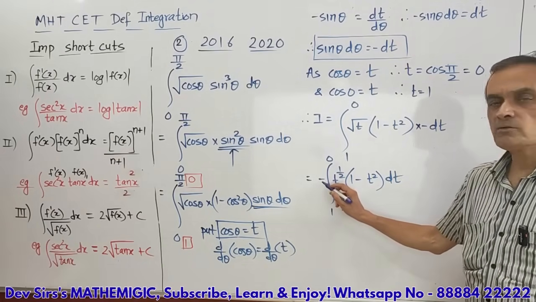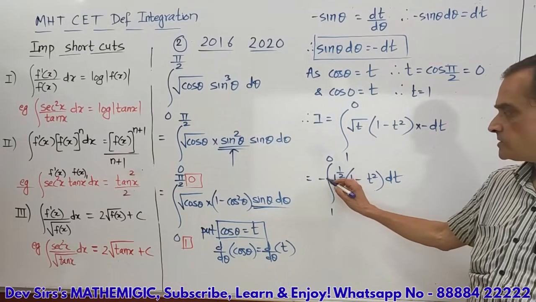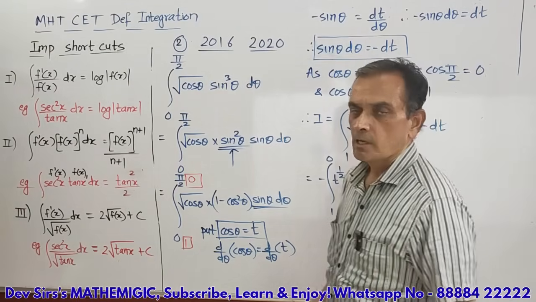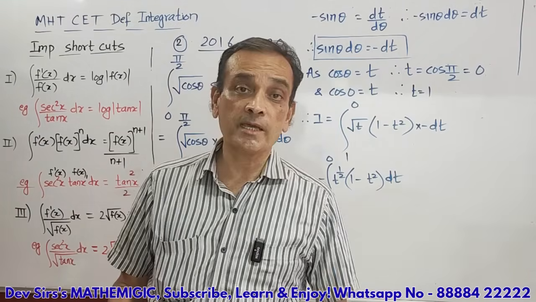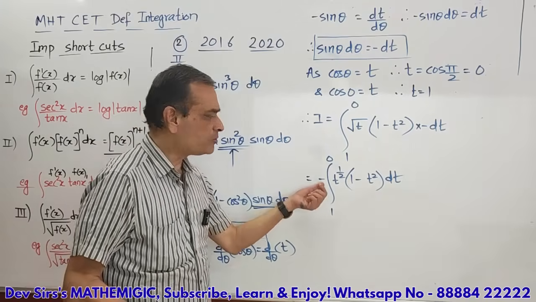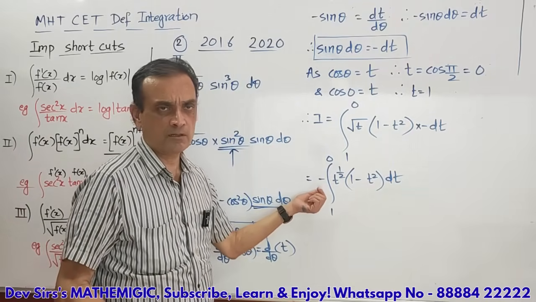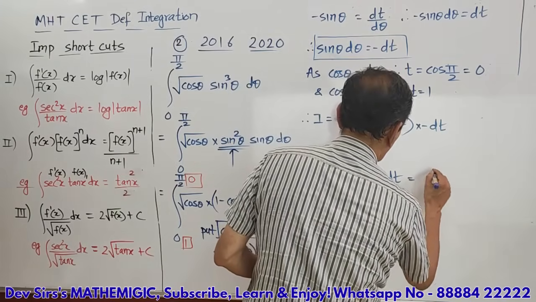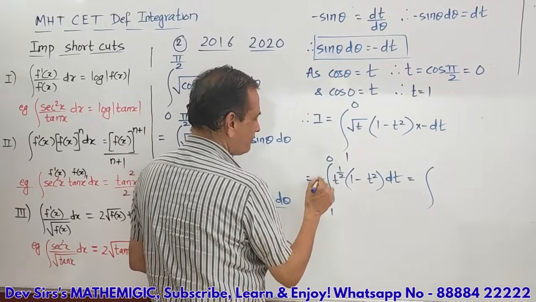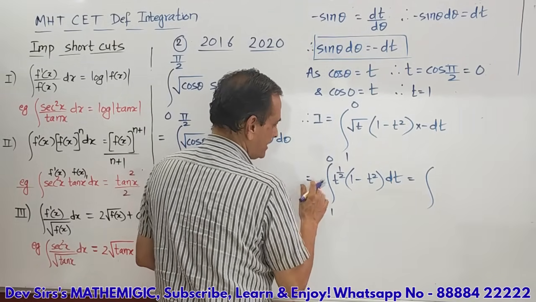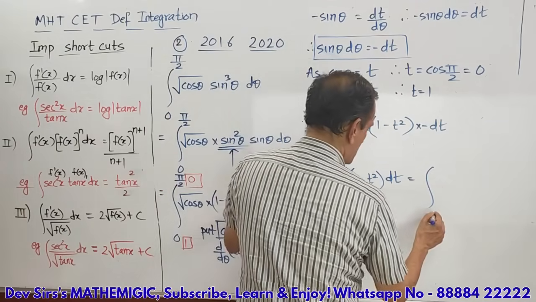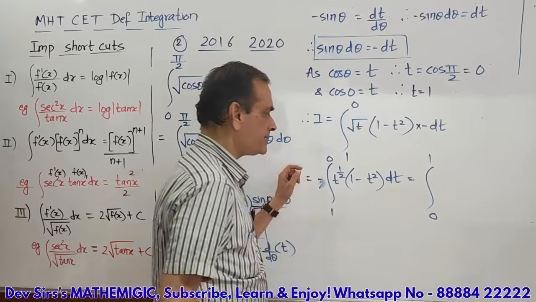When you remove the negative sign, the upper and lower limits also change. There is no hard and fast rule that the sign has to be changed, but it is better to change this into plus to make calculation simpler. So the minus sign is made plus, the minus sign has gone. When the minus sign goes, upper and lower limit interchange.